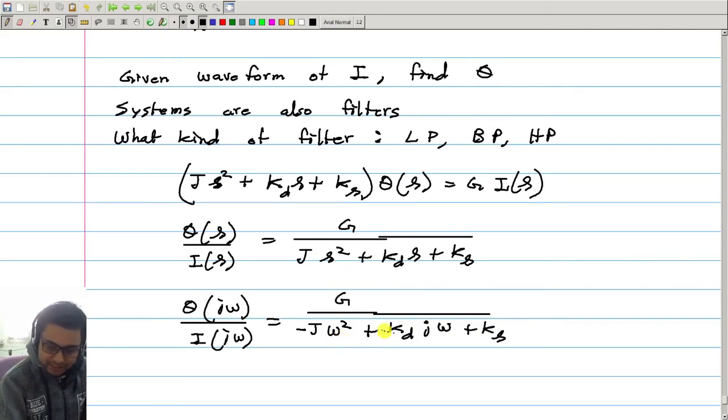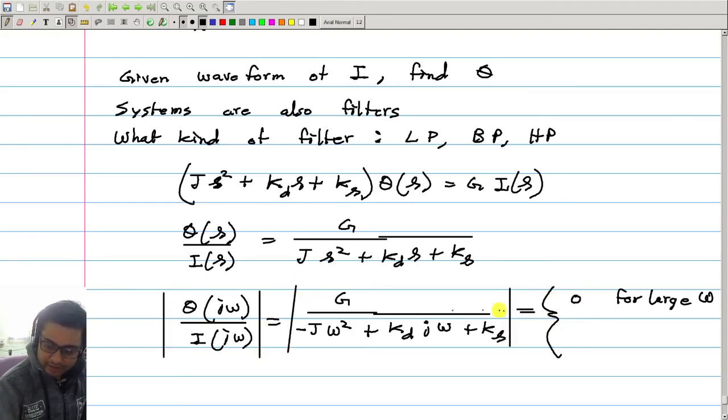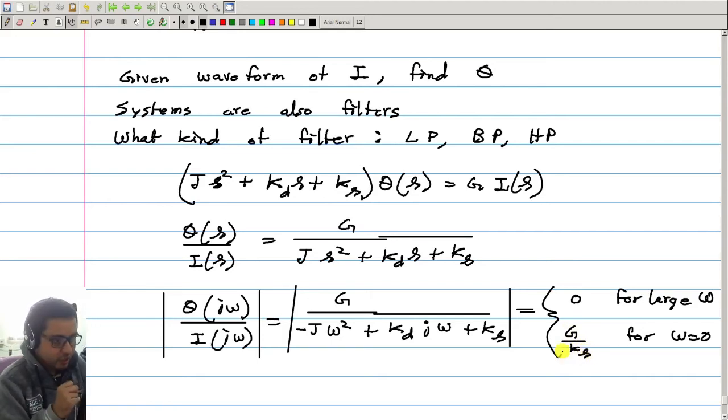If omega is large, what will happen to the magnitude of this quantity? Let me consider the magnitude response. It will be 0, and for omega equal to 0, you will get G by Ks. Okay, so this is a low pass filter.